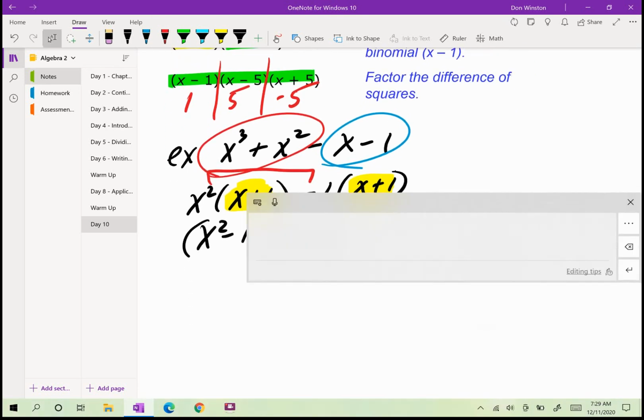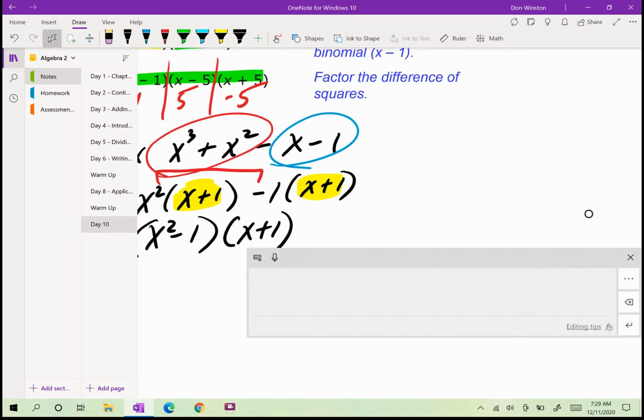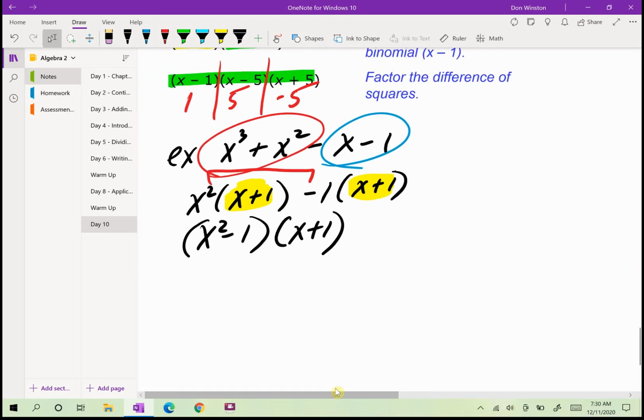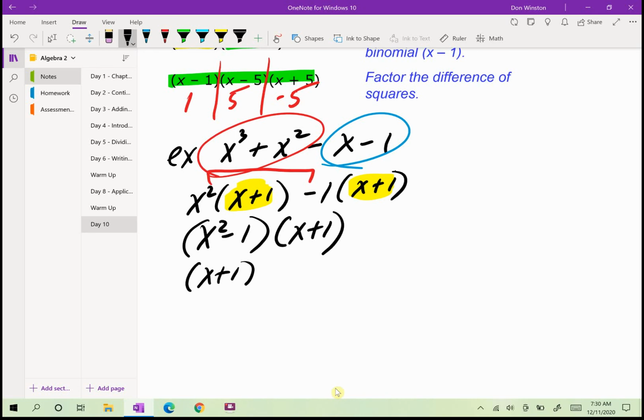If I completely factor that, notice here I have a difference of squares. x squared minus 1, that's a difference of squares. That's x plus 1 times x minus 1. And then I have x plus 1, completely factored.